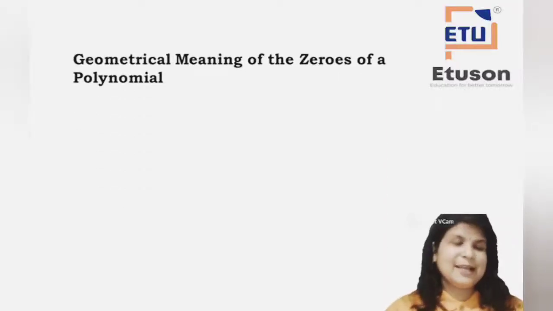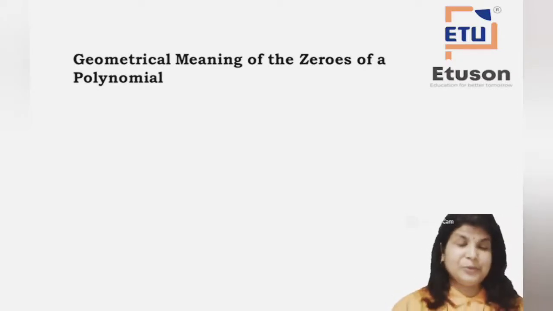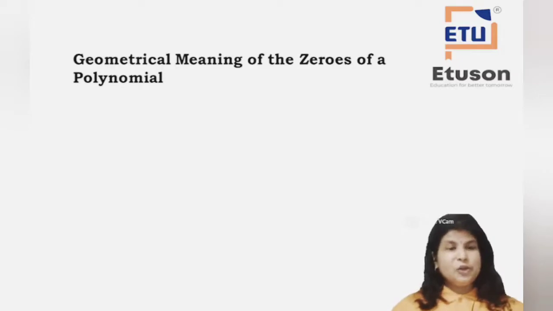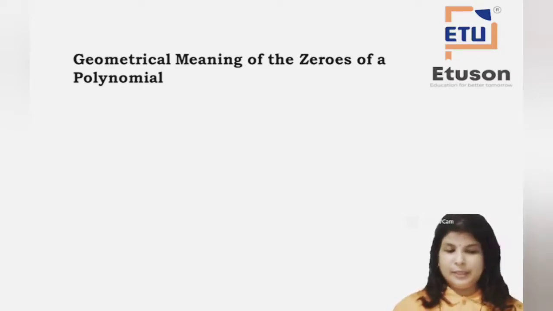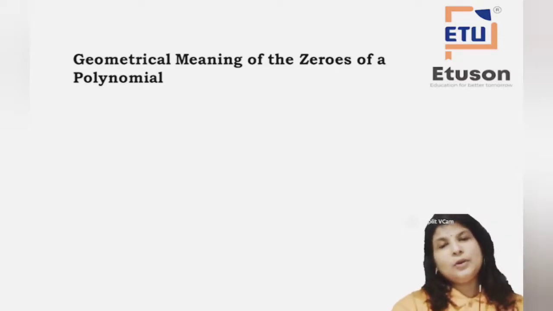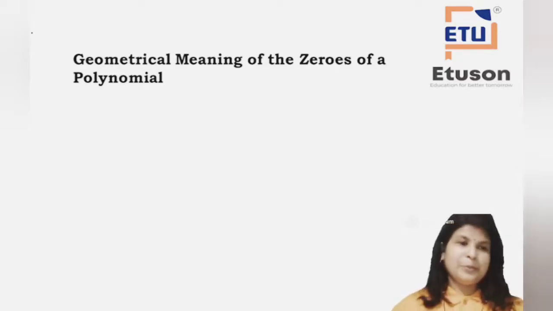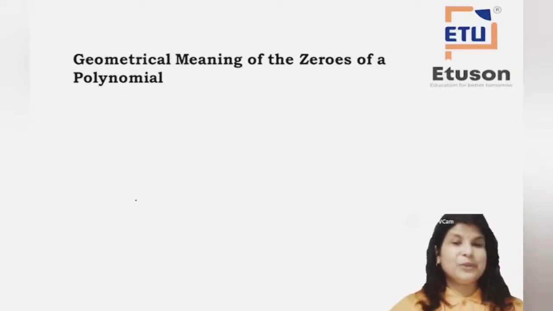So now let us start the actual concept which is there in your class 10, that is the geometrical meaning of the zeros of a polynomial. That means how from the graph you can tell what is the solution to the polynomial. Correct?